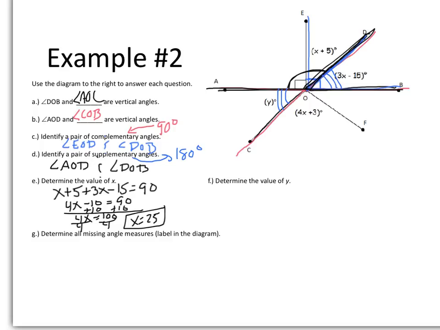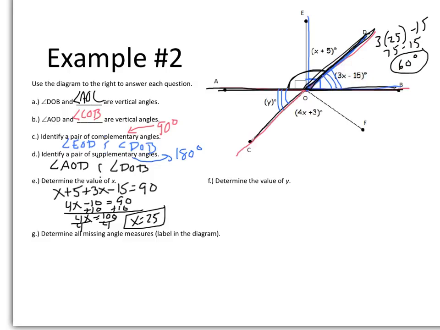Well, if we know these two angles are vertical angles, meaning they are congruent, meaning they have the same angle measure, I've already solved for x, so let's plug in 25 into this expression and find out what this angle measure is. After plugging in 25 into our expression of 3 times x minus 15, we find out that this angle measure is 60 degrees.